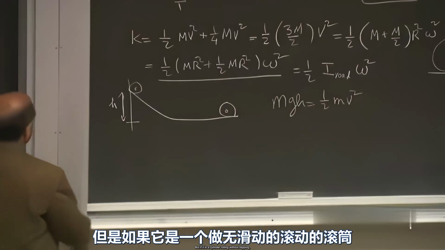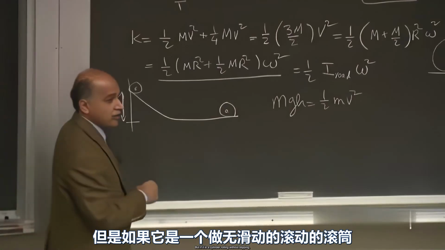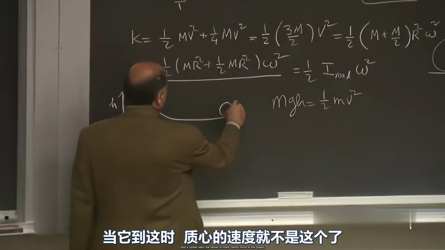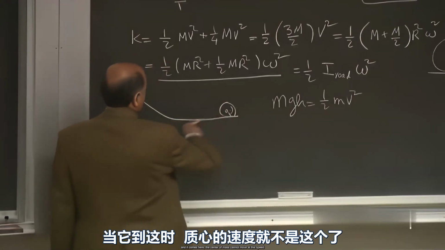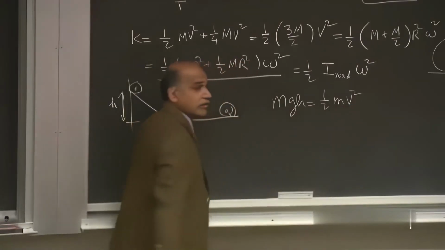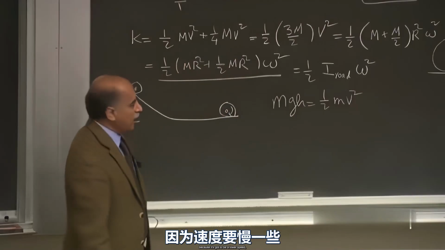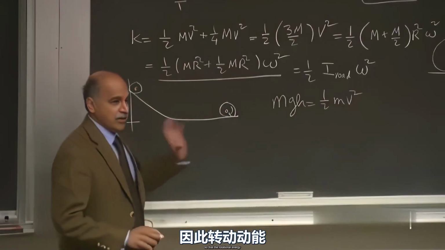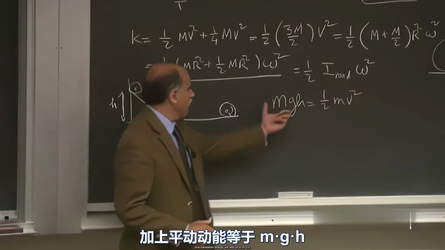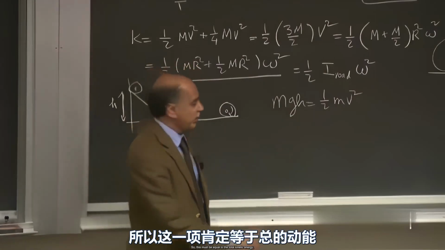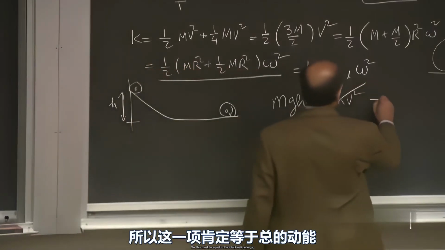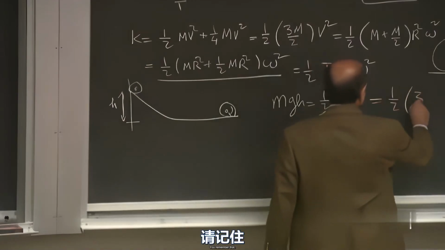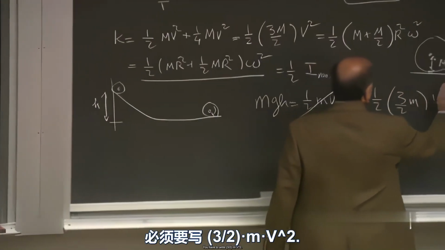But if it is a cylinder rolling without slipping, and it comes here, the center of mass cannot move at this speed, because it's got to be a lower speed so that the rotational energy plus translation energy will add up to mgh. So this must be equal to the total kinetic energy, and I've solved it for you guys. You remember that. You have to write 3/2 m v squared.